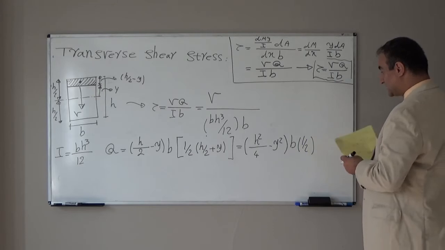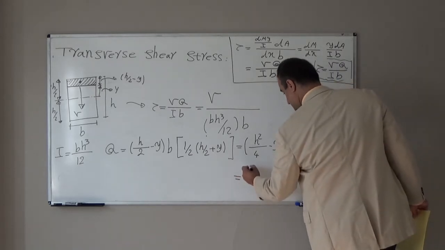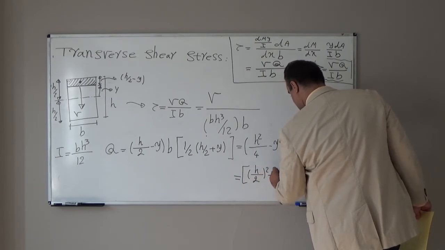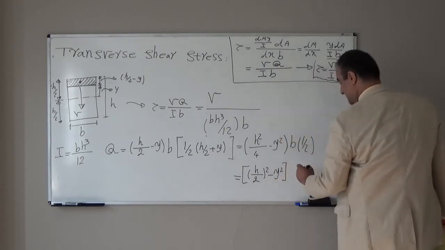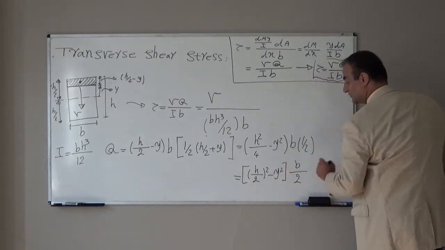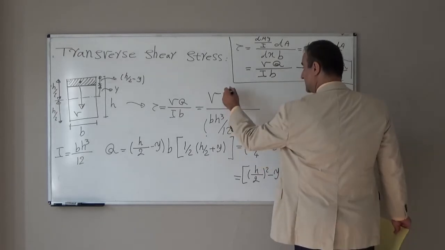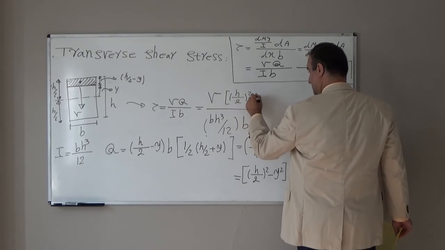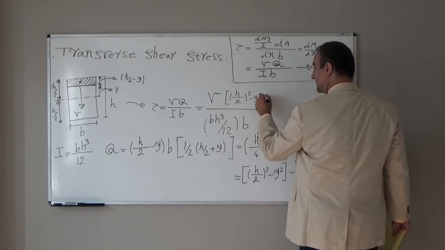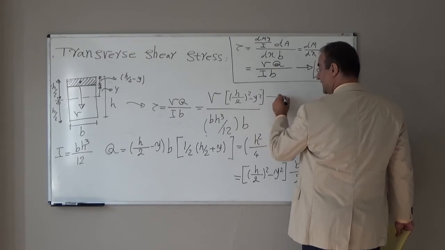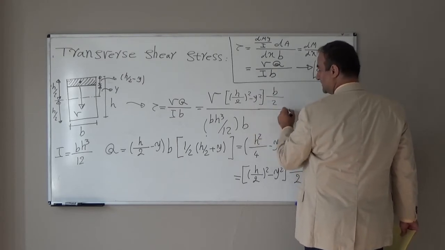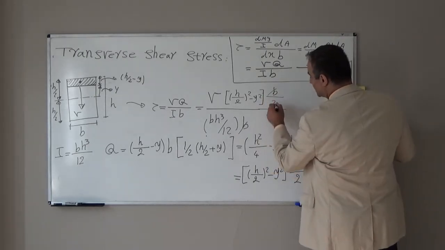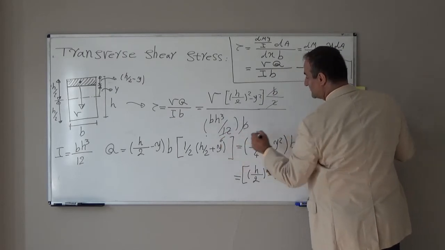I can write this as H over 2 squared minus y squared, times B over 2. So I can substitute here H over 2 squared minus y squared times B over 2. B and B cancel. This 2 by this 12 will be 6.